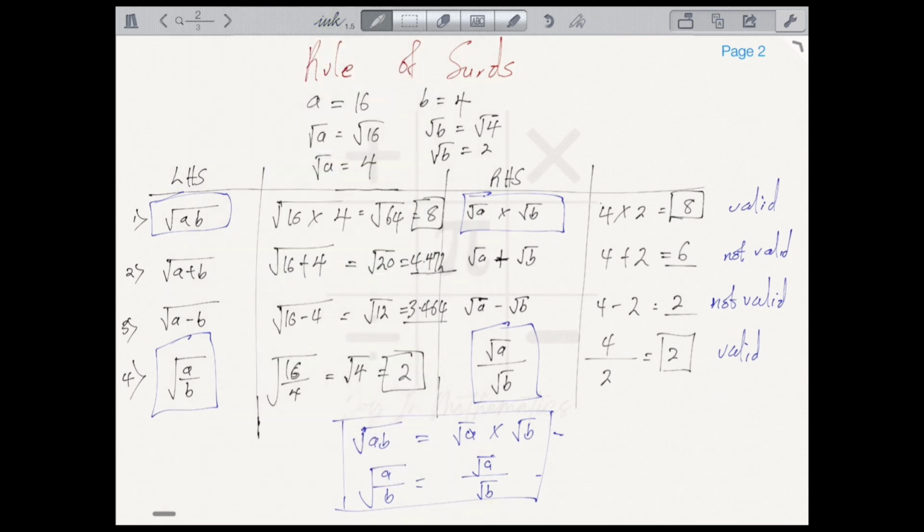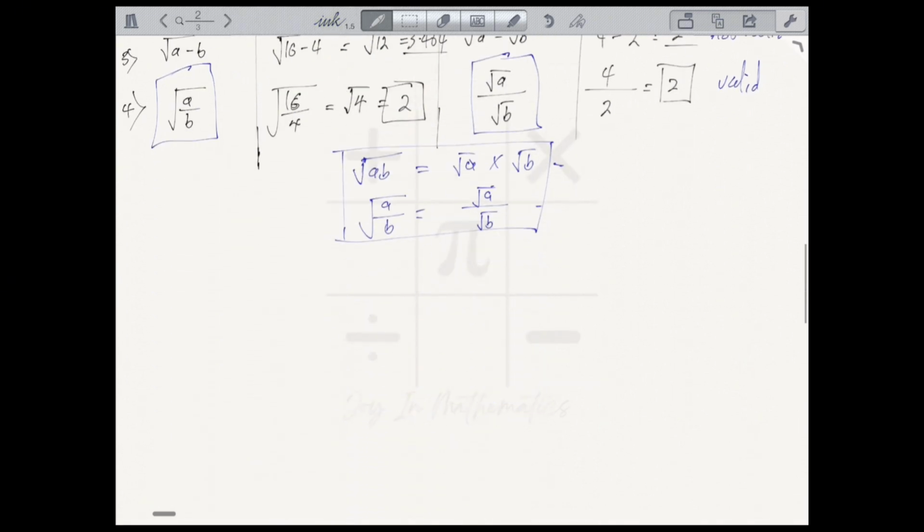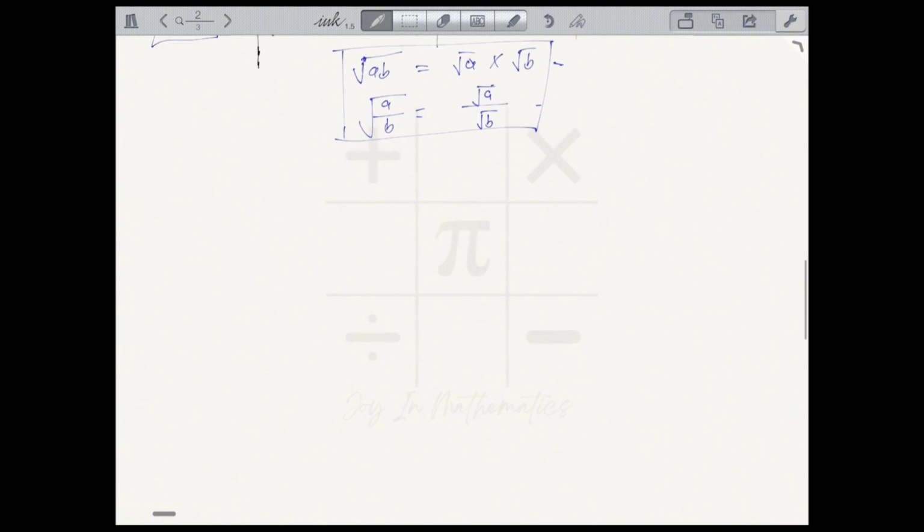Let's take a few examples on this and we'll solve. So let's look at this. We have root 9 multiplied by root 16. Now, let's take a look at the first law.